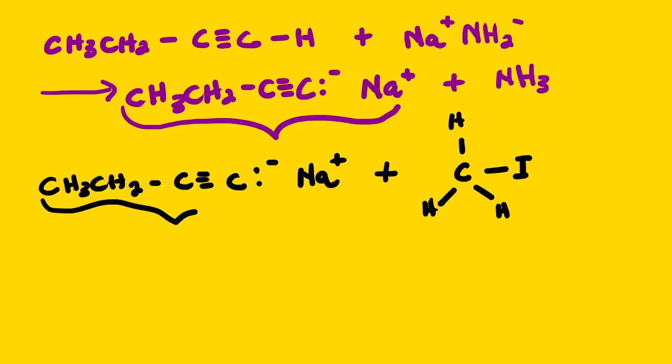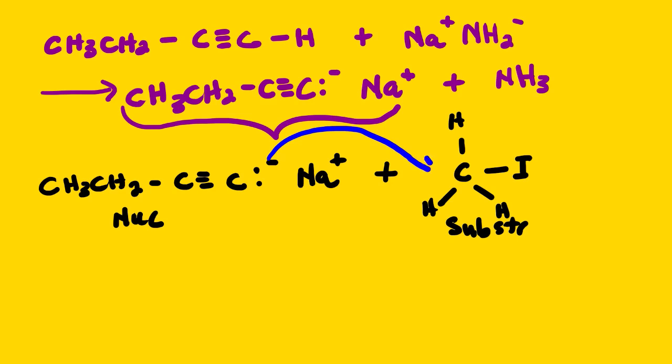So you can see that this cannot be the substrate. The reason why? Because of this negative. So it's definitely a nucleophile, and then this will be our substrate. And remember that methyl halides work best with SN2. So the nucleophile will attack the electrophile, and then the leaving group will leave.